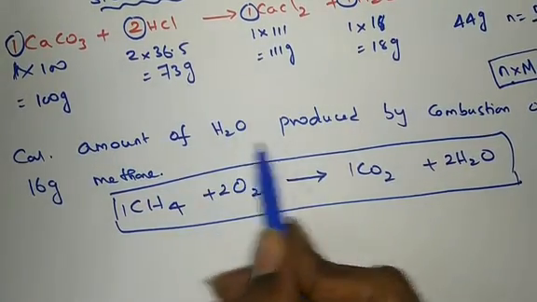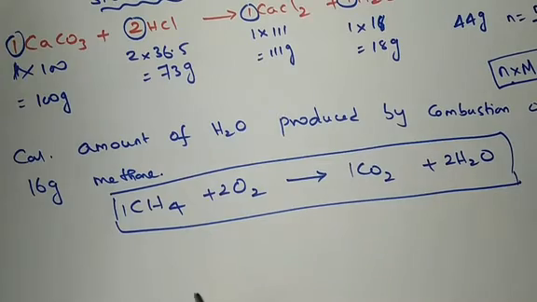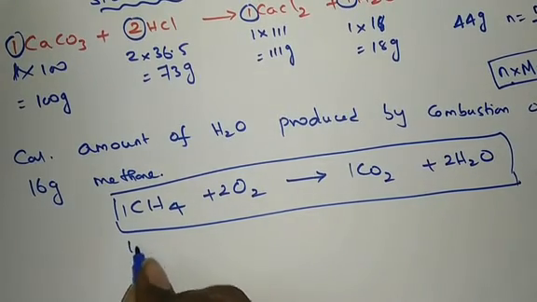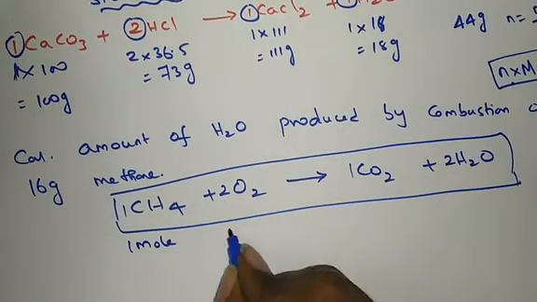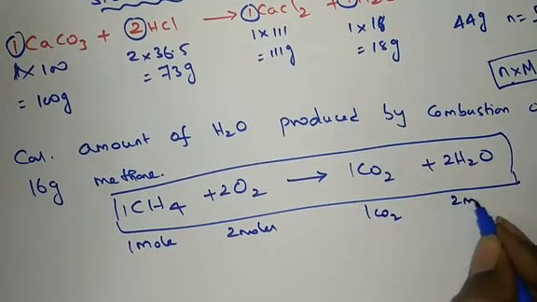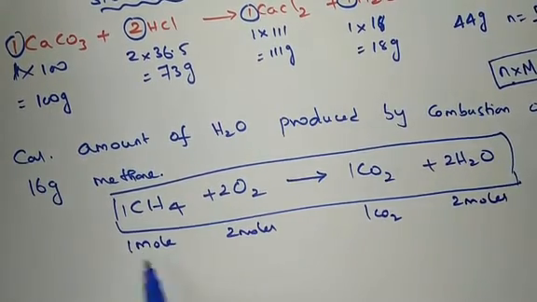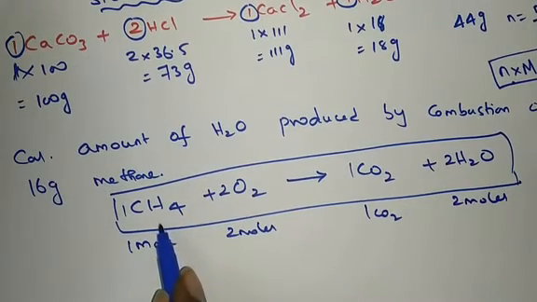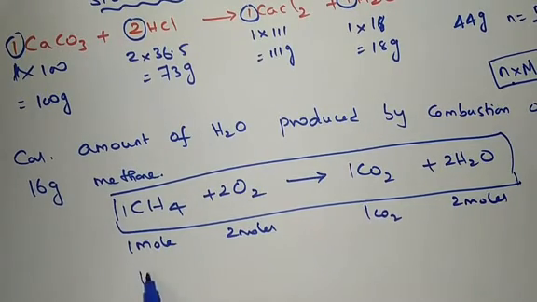What is the question? Calculate the amount of water produced by the combustion of 16 grams of methane. So in terms of moles, it is like this: 1 mole, 2 moles of oxygen, 1 mole of carbon dioxide and 2 moles of water. It is converted into grams. 1 mole of methane is nothing but 16 grams of methane.